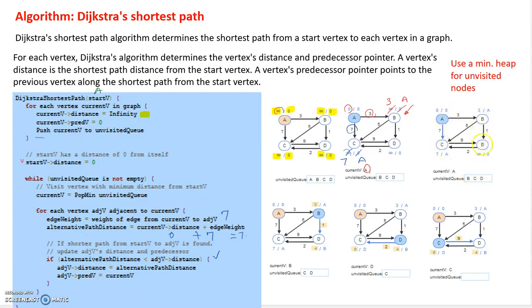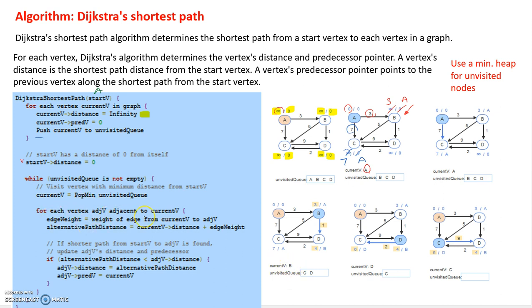Which one has the smallest distance? It's node B. We make that the current vertex, and C and D are left in the unvisited queue. We popped it, and the current node is B.